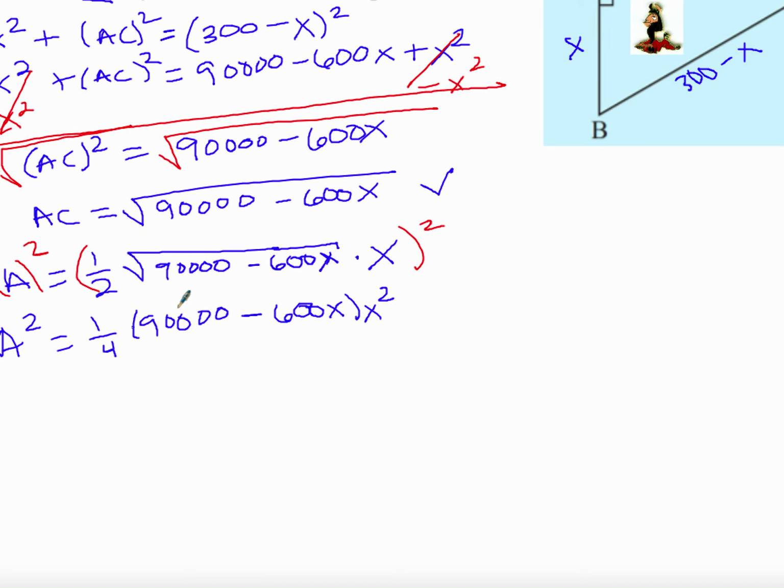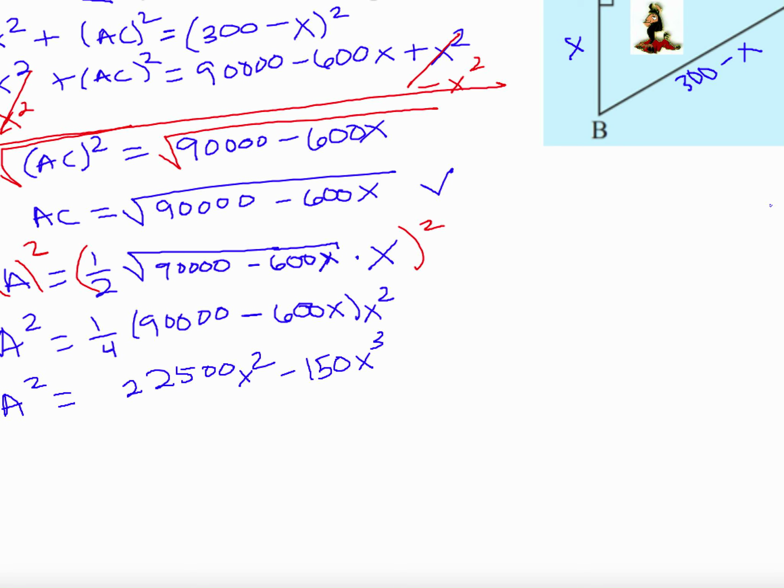So distributing 1/4 as well as x squared to both terms here, I'll get A squared is equal to 22,500 x squared minus 150 x cubed.